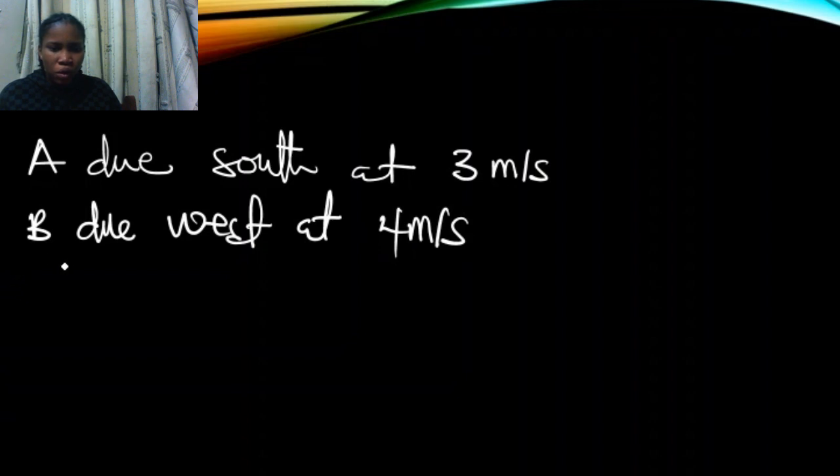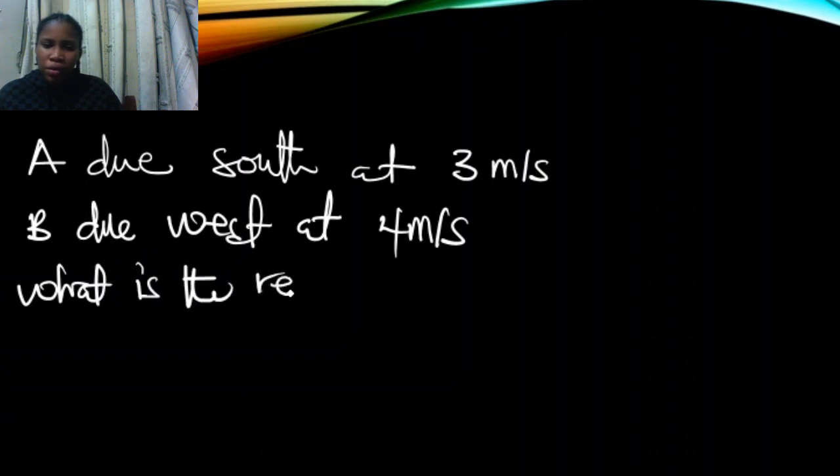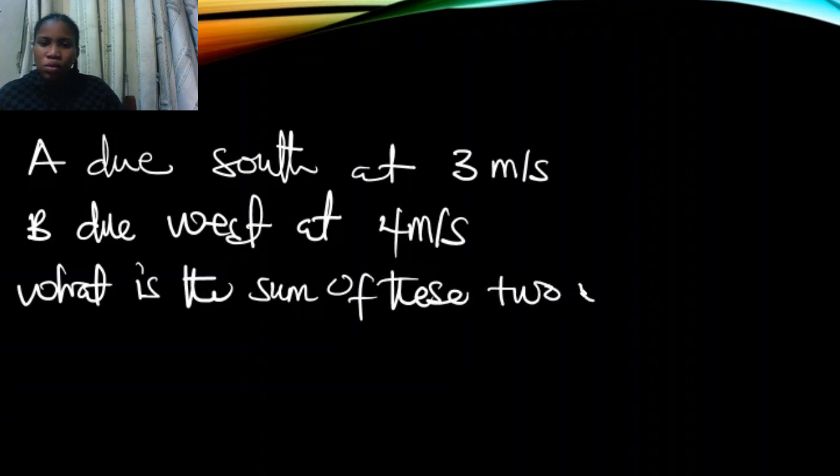So then they ask, what is the sum? We can say resultant or sum. But since we are saying addition, let me just use, what is the sum of these two vectors.